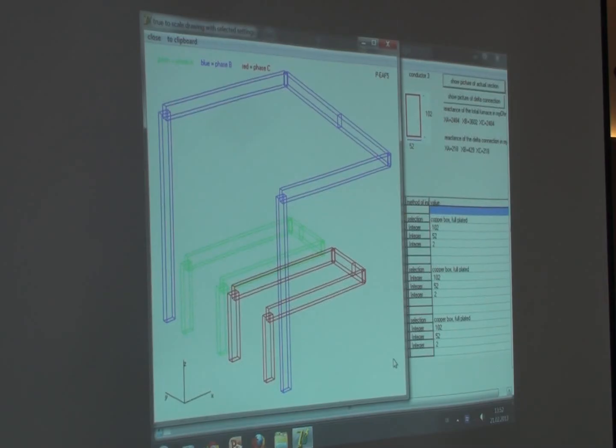And now we have another point. The sum of the voltage drops at this reactance also must be zero.